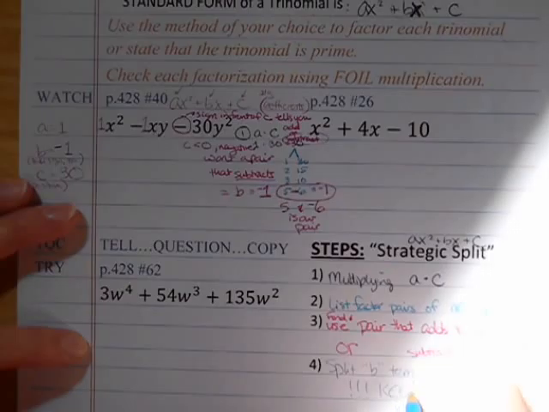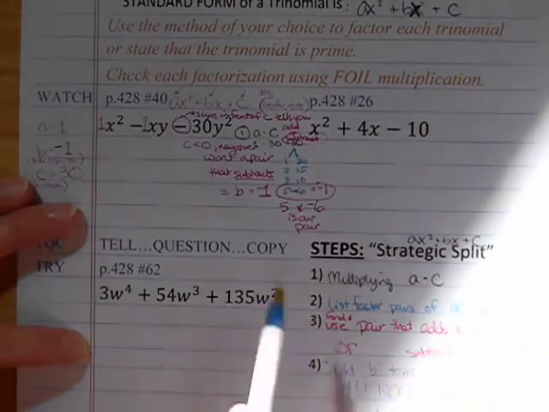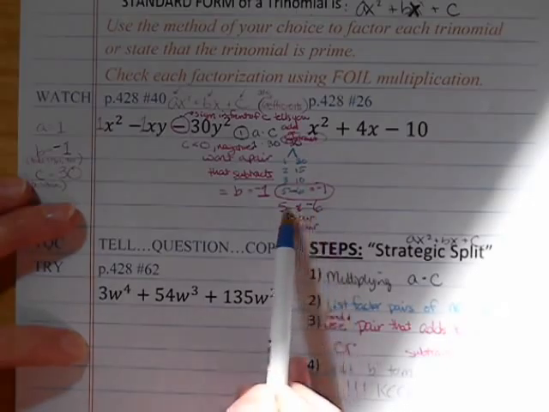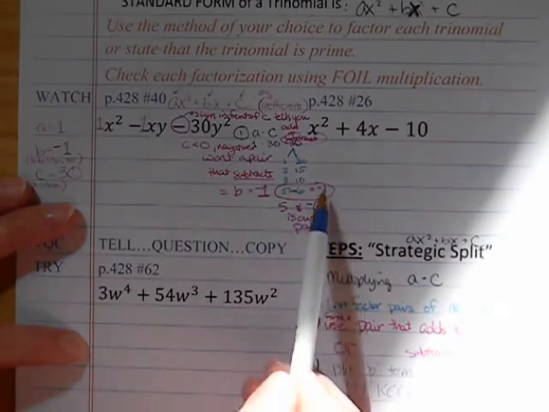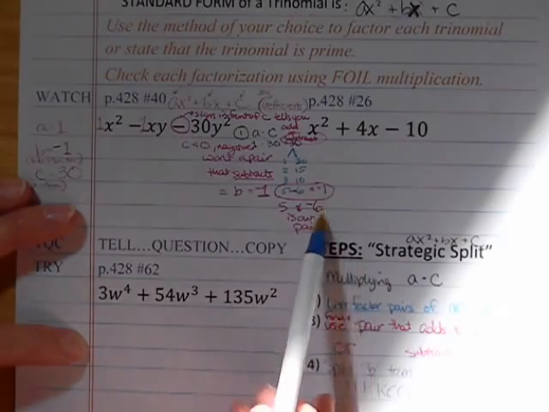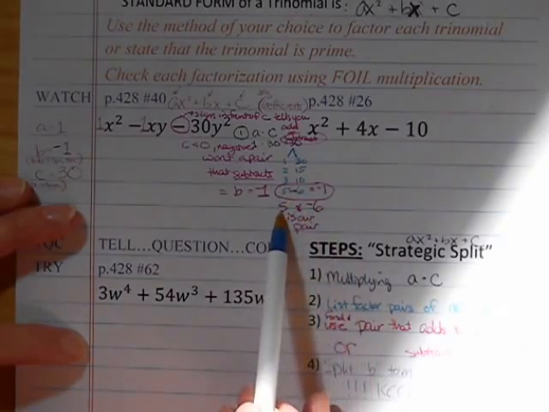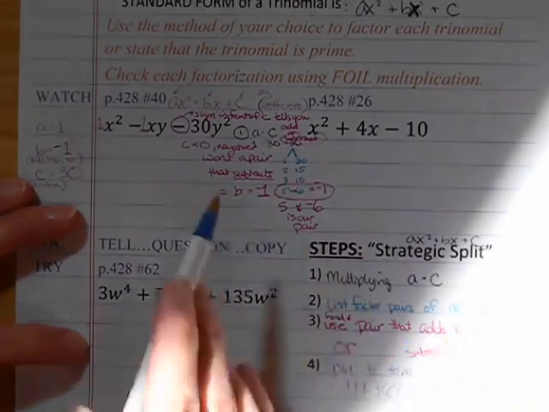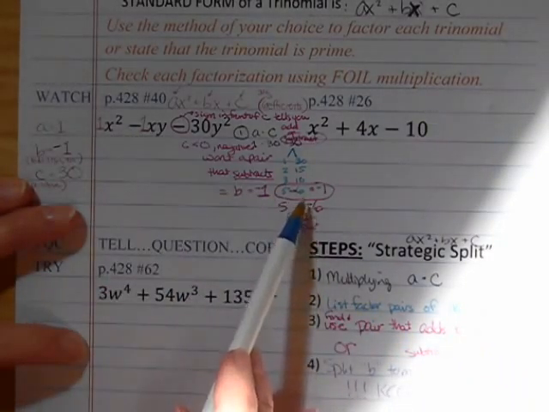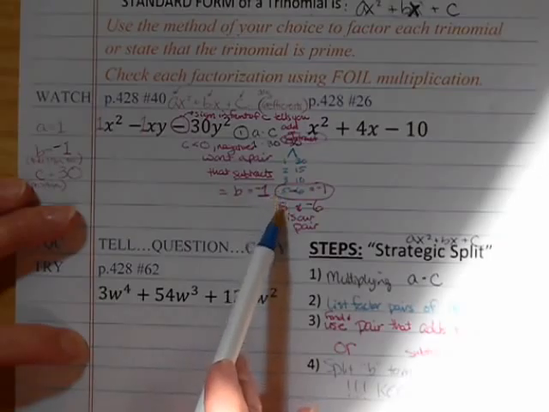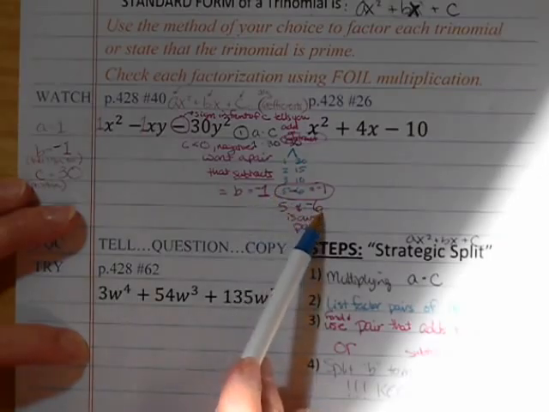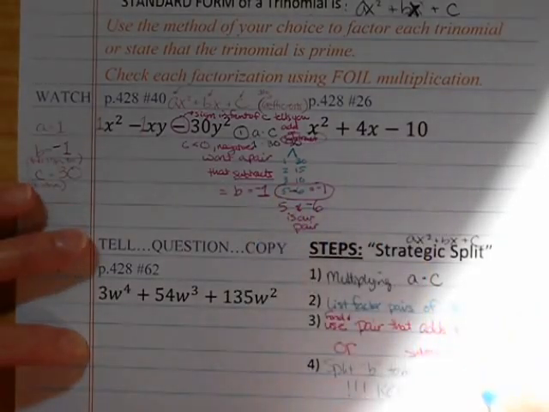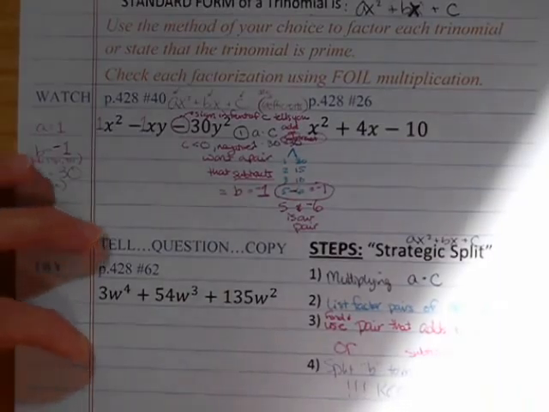We're going to keep the signs. So when we said it was a 5 and a negative 6, or a 5 minus 6 that would give you the negative 1, then we have to make sure that we use it as a positive 5 and a negative 6. If we were trying to find a positive 1, we would take 6 minus 5, which means the minus would stay with the 5. It'd be a positive 6 minus 5. So that's why we want to keep the signs here.